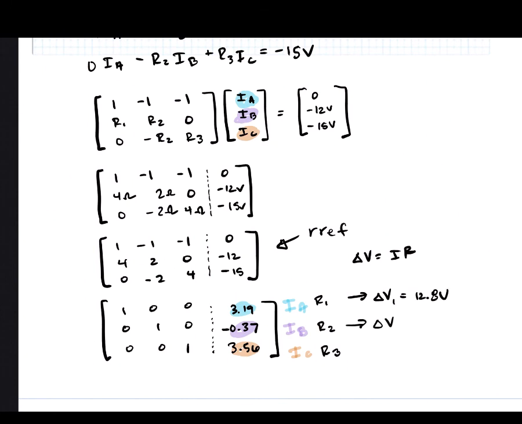This is going to give us a delta V2 of 0.75 volts. And this is going to give us a delta V3 for resistor 3 of 14.2 volts. So remember, R1 and R3 are both 4 and R2 is 2 ohms. So we have all of our currents and we have all of our voltages across our different circuit elements.